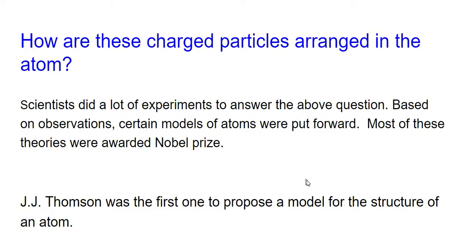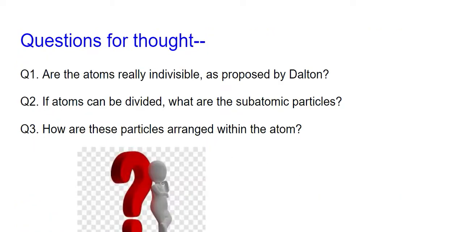Before we move on, let me take you back to where we gave questions for thought. Question number 1. Are atoms really indivisible? The answer is no, it is not so. Atoms are divisible. And just now you have seen there are two subatomic particles which can exist inside an atom.